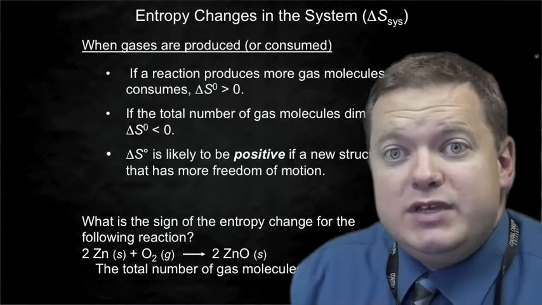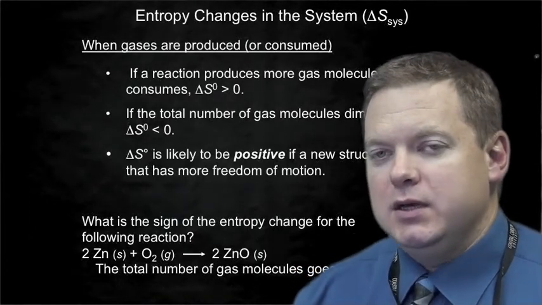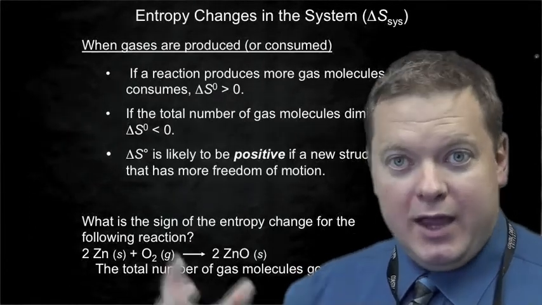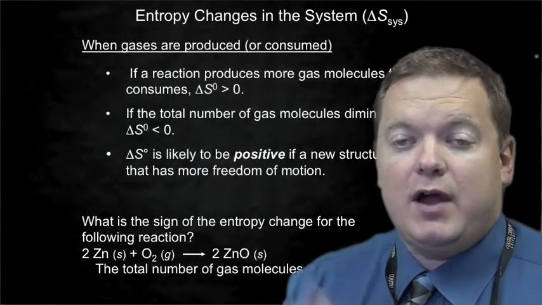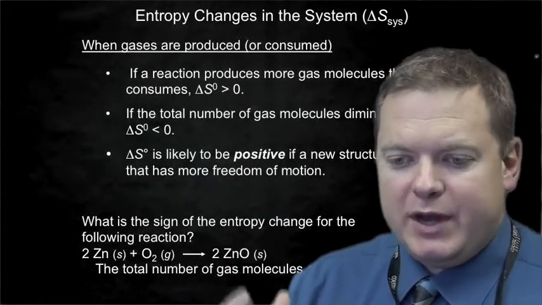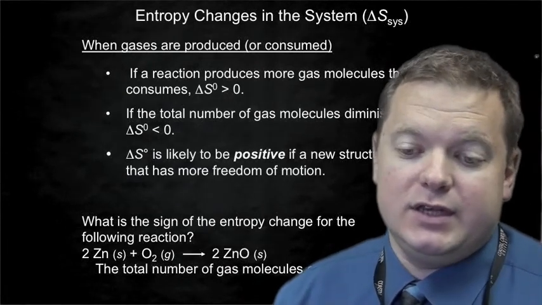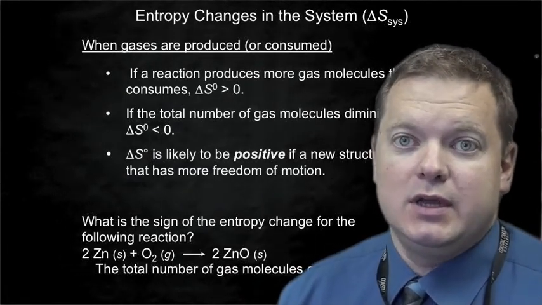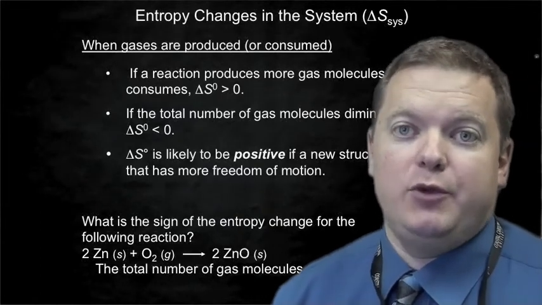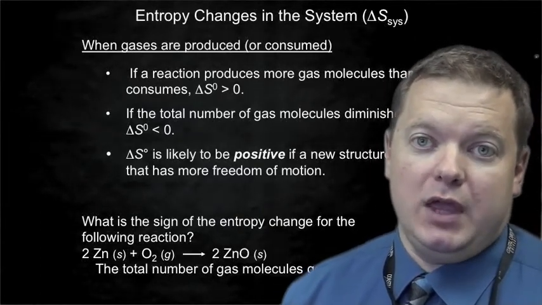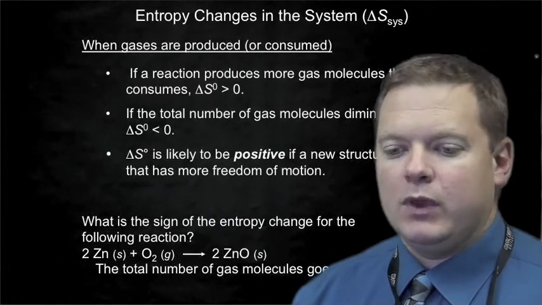If we decrease the total number of moles of gas in our chemical reaction, because those are such higher values of entropy, we're going to see that by decreasing that number, in all cases, generally a decrease in entropy, so the entropy of the reaction is going to be a negative number.